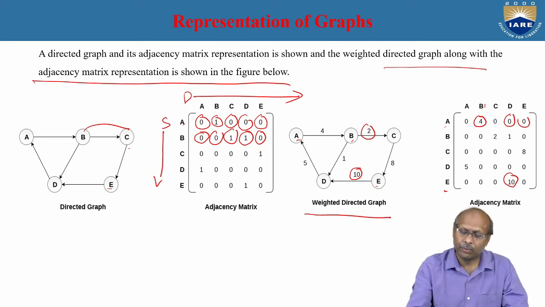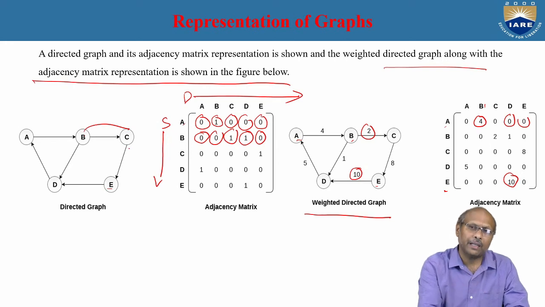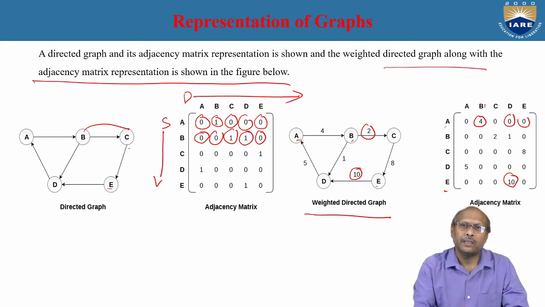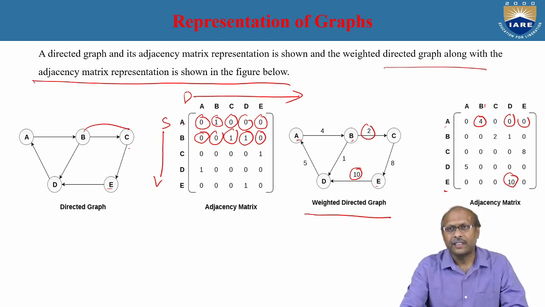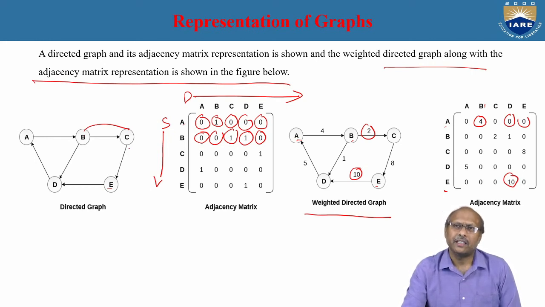In the directed graph, you would write either 1 or 0. If there is a connection, write 1. If there is no connection, write 0. Whereas in the weighted directed graph, you would write the value of the edge. If there is no connectivity, write 0. So this is the way adjacency matrices are used.